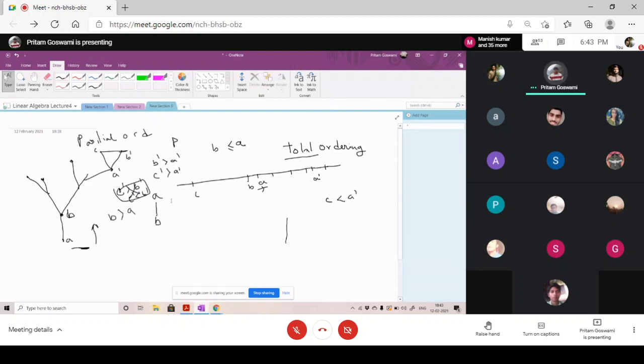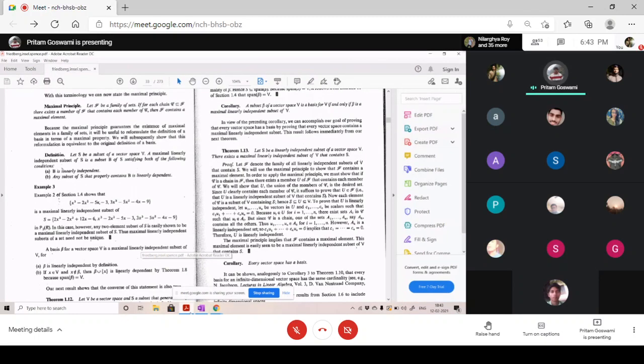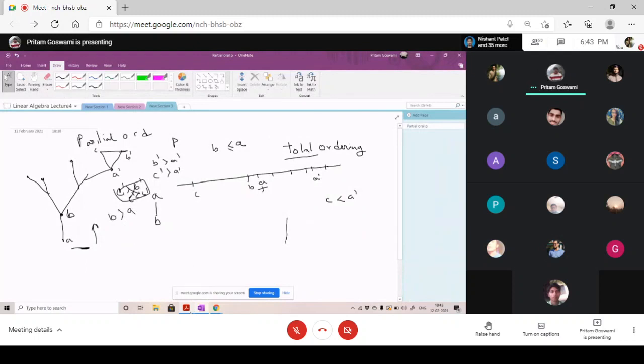Now, you don't need to know this in detail, but you just need to know the definition of it. Sir, does partial ordering give rise to the structure, or does the structure give rise to the partial ordering? If there is a partial ordering, you can structure it like this, and if there is a structure like this, you can also get a partial ordering.